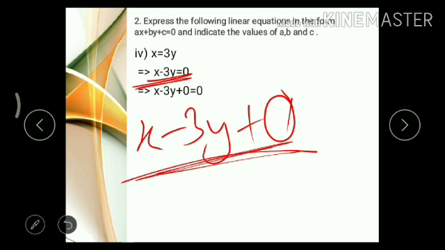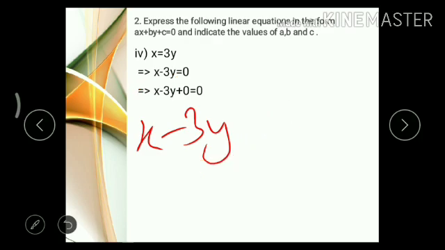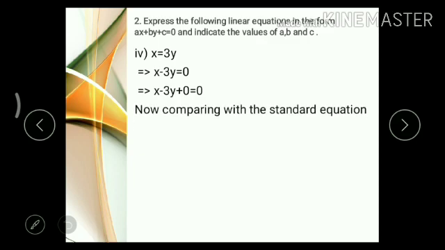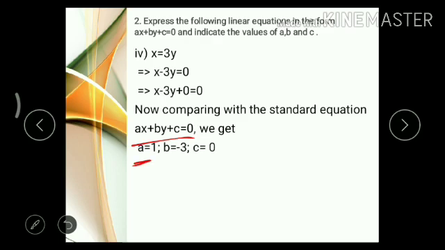We get a equal to 1, b equal to minus 3, and c equal to 0. This line is optional. If you can write directly, then you can write this line directly. It's up to you.